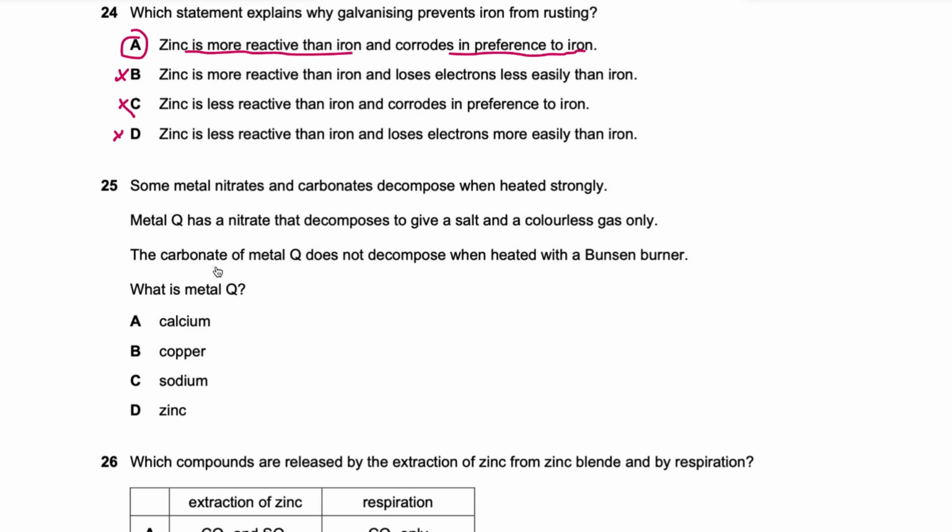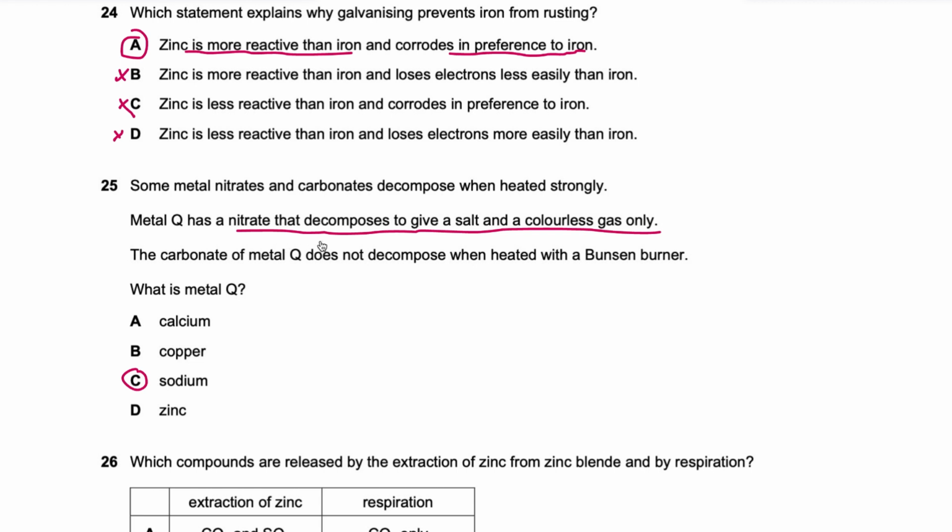The carbonate of metal Q does not decompose when heated with a Bunsen burner. What is metal Q? Calcium, no. Copper, no. Sodium.